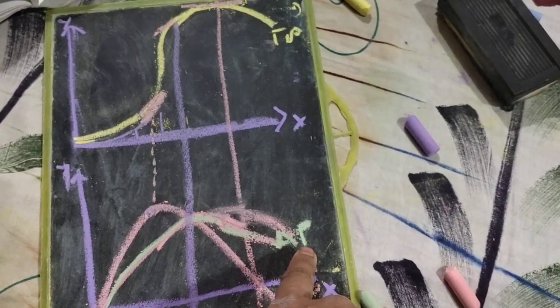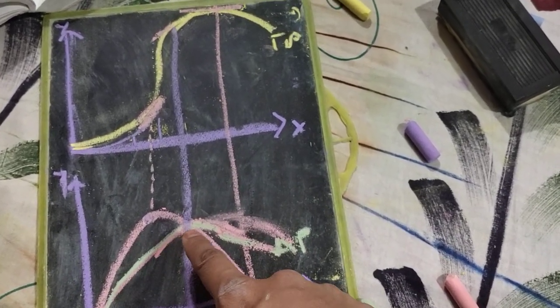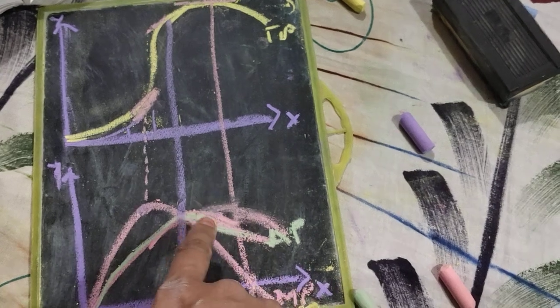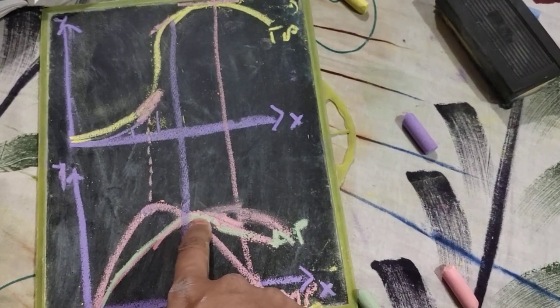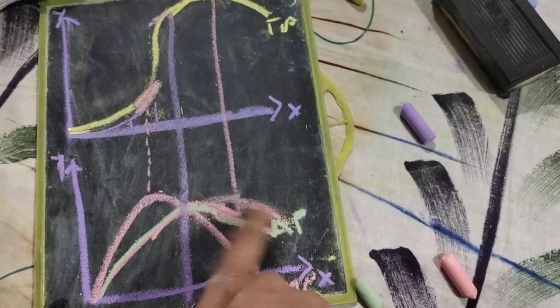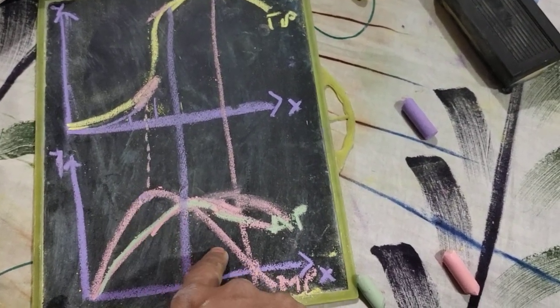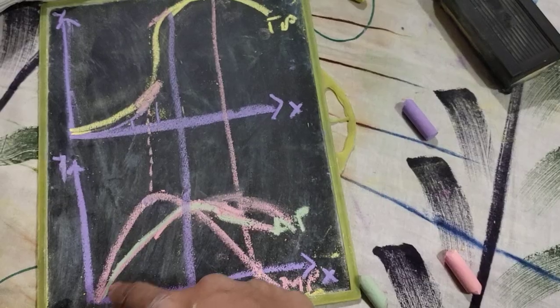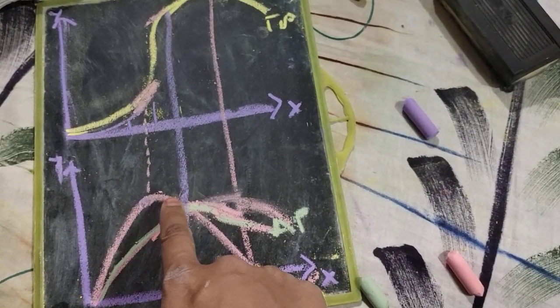Now what is average product doing here? Average product is initially increasing. Then when it reaches its maximum, it intersects with MP and then it starts falling. So what is the relationship between AP and MP? When AP is increasing, MP is greater than AP.